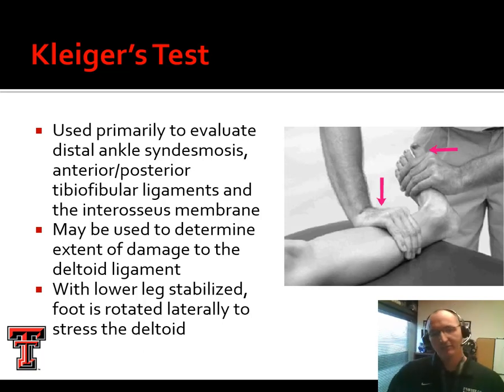So we can't really manipulate the fibula independent of the tibia, so instead we try to stress it through the Klager test. So if you notice, the examiner has stabilized the lower leg, the foot's pushed up into dorsiflexion and then externally rotated, and what we're trying to do there is cram the talus up into the joint and then essentially wedge or lever the tibia and fibula apart.